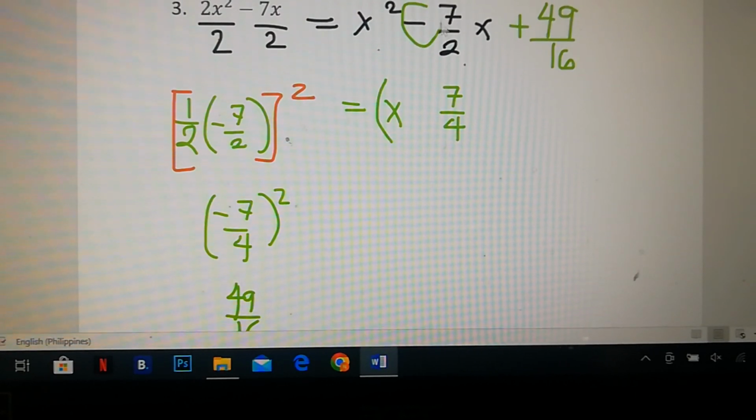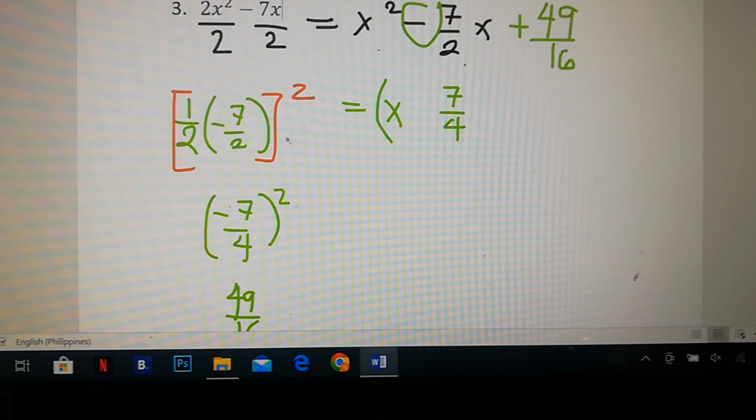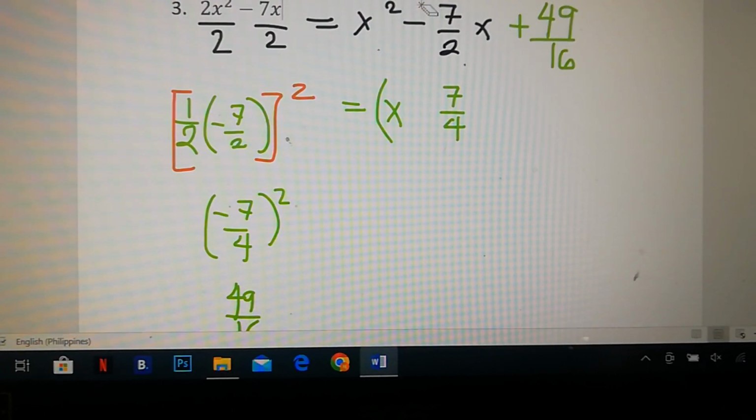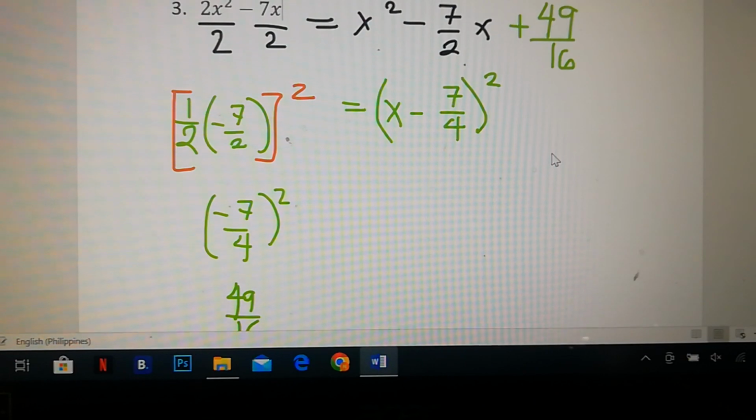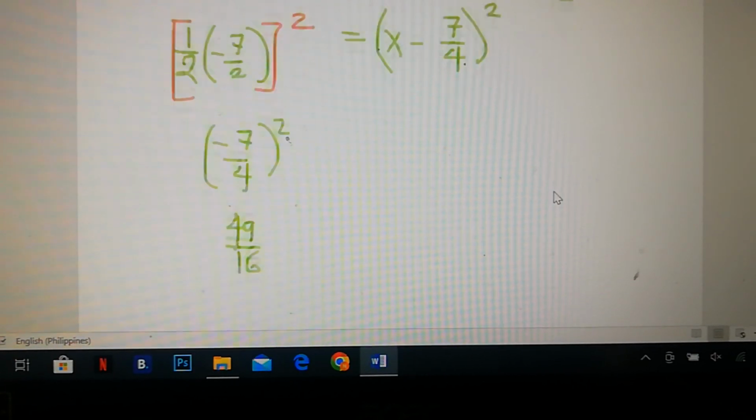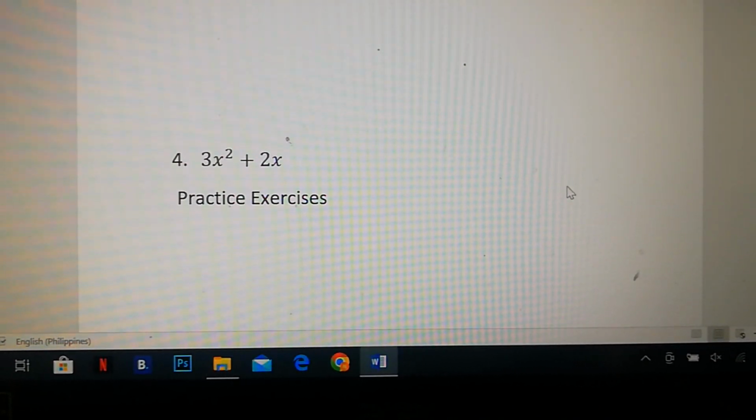The sign of the middle term is negative, so therefore x minus 7 over 4, squared. So this is now the factored form.